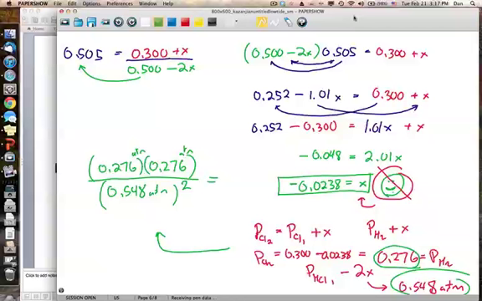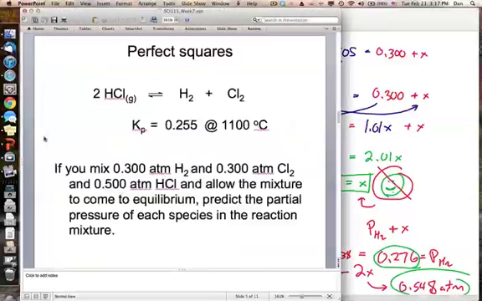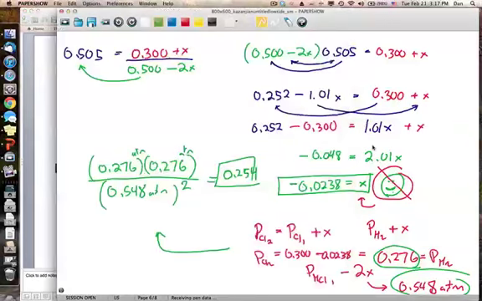Which I get is equal to 0.254, which compares reasonably well to our equilibrium constant. So we've checked our answer, and we can see that it gives us a value very close to our starting condition. Yay. All right, so perfect squares.